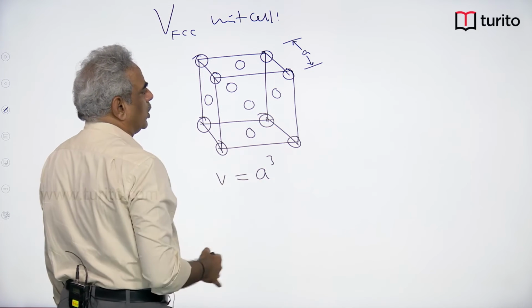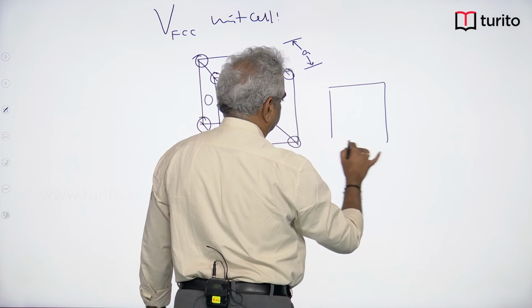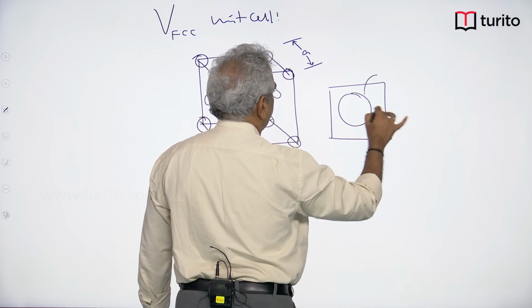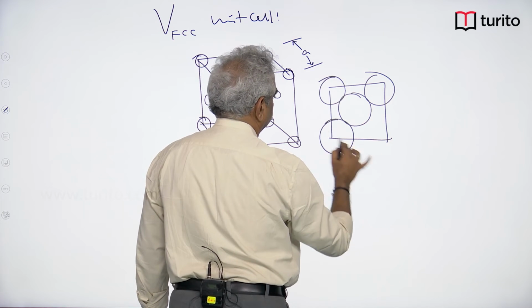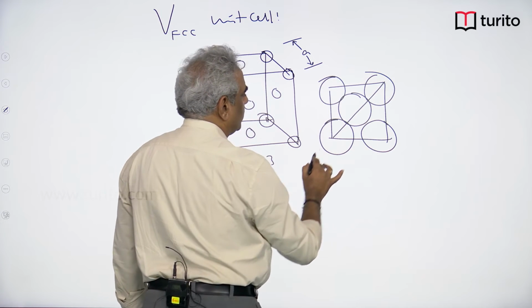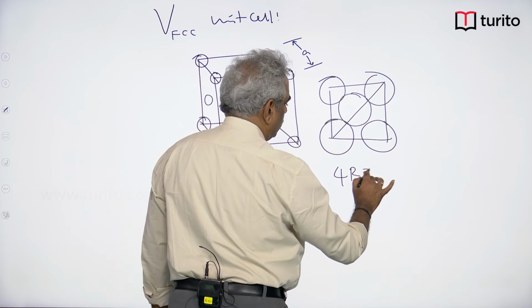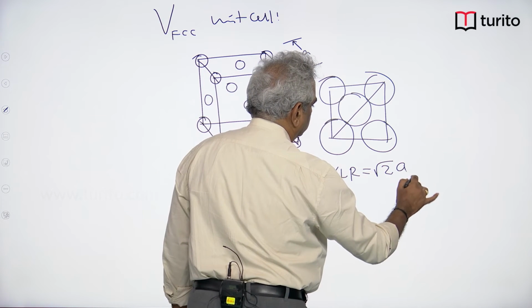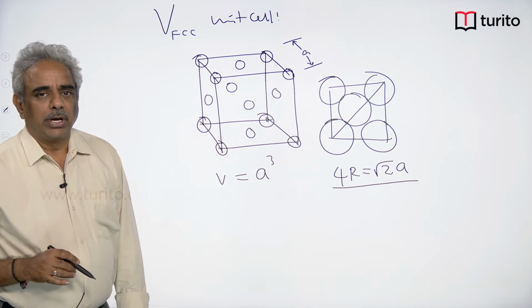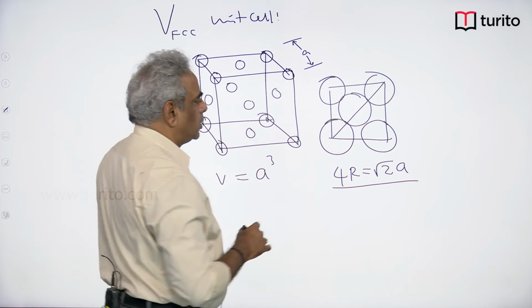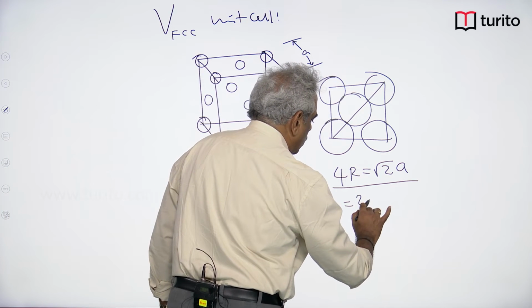As I told you, if you draw this outside, you will have this kind of arrangement. So, this will make 4r. 4r is equal to root 2 a, as per Pythagoras theorem. So, a is equal to 2 root 2 r.